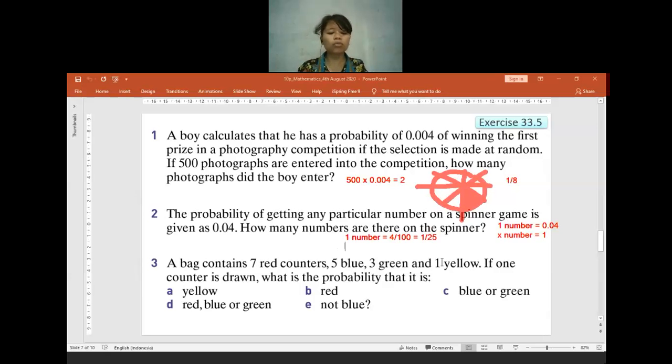Is there anyone who gets confused? Like this spinner I divided into 8 parts. If I want to find any number on it, the probability will be 1 per 8.